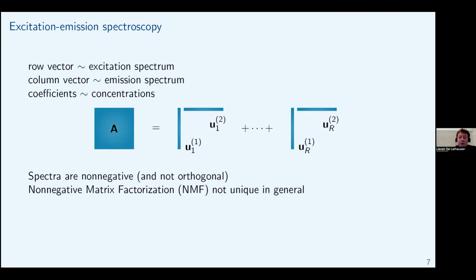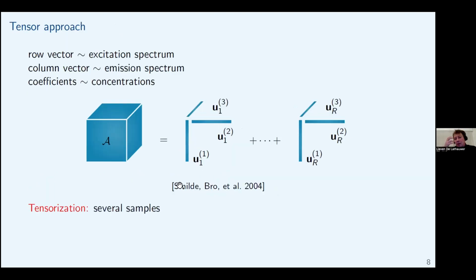And so then at some point, people came to the understanding that if somehow they can start from a data tensor, they can use this CPD. What they do is they take several samples with the same chemical components, but in different concentrations. And the concentrations now show up in this third dimension. Then you have the CPD.